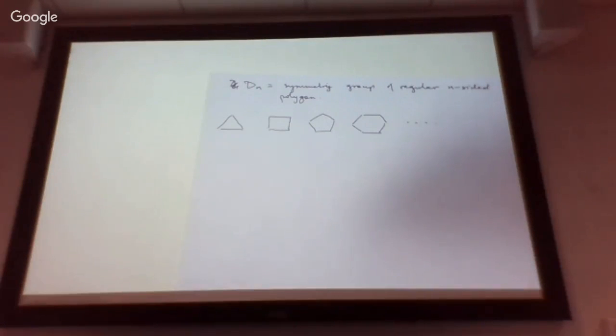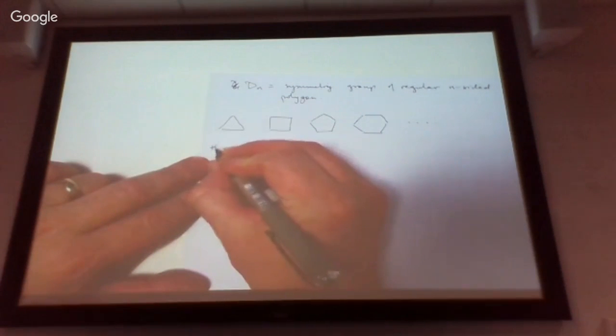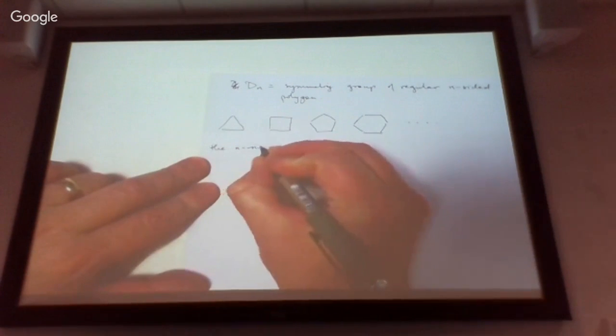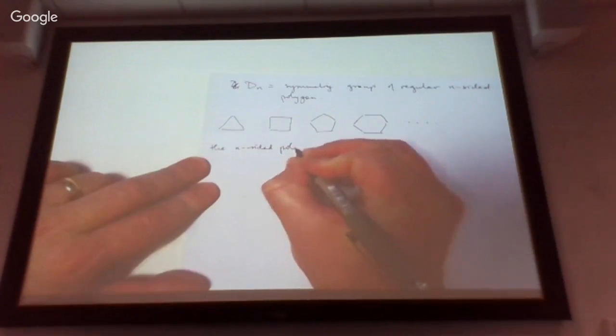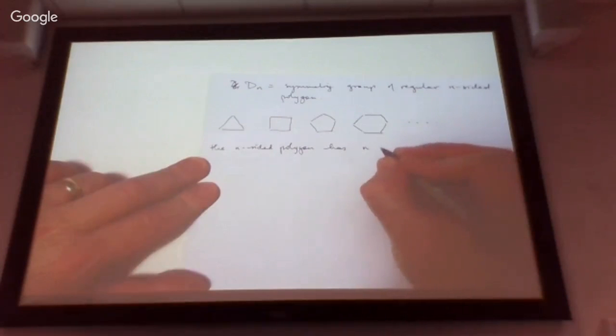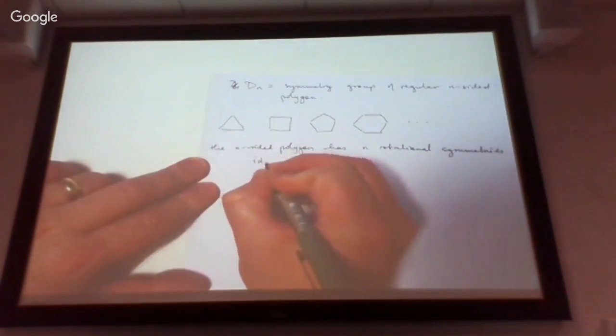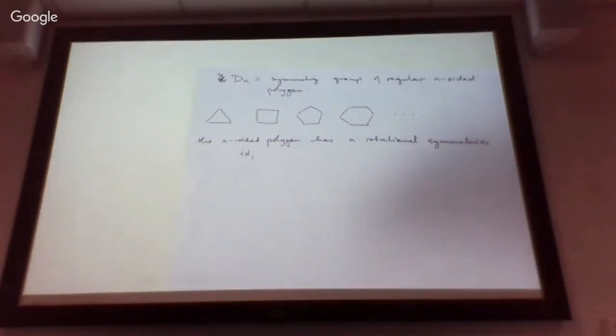The reflectional symmetries. So the n-sided polygon has n rotational symmetries. Now when I say it has n rotational symmetries, I'm including the identity as one of those. The identity qualifies as a rotational symmetry.